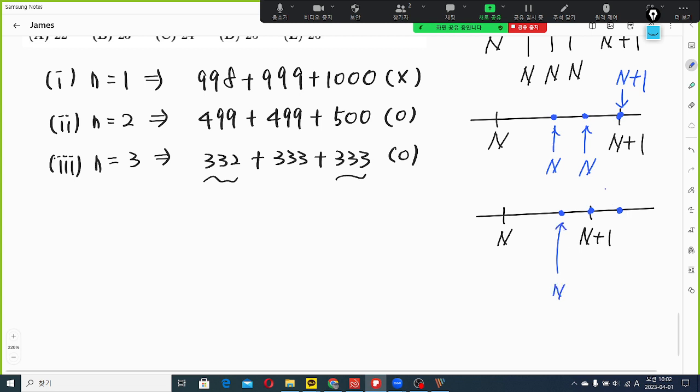The second and third Gaussian numbers are n plus 1. So if we make the sum of these three, that's 3n plus 2, so that's not divisible by 3. So that's another case we want.